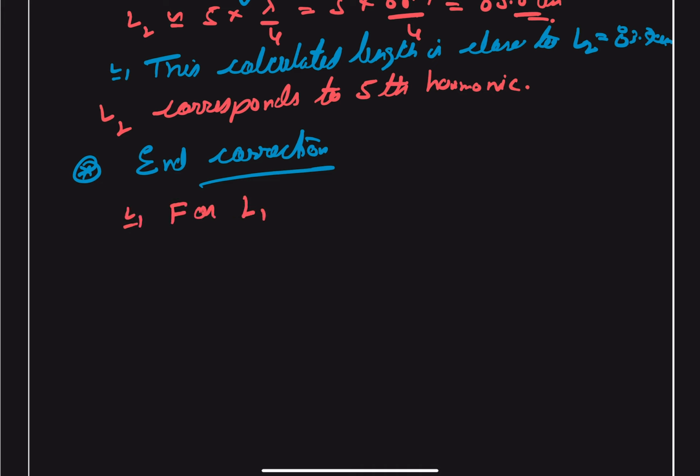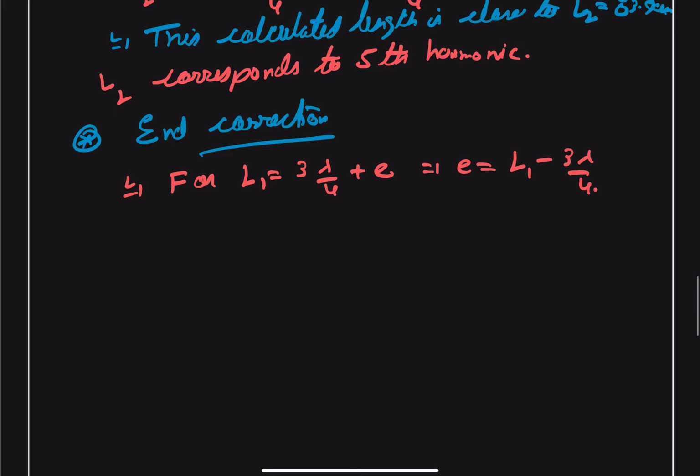For L1, which is 3 lambda by 4 plus E, we can say E will be equal to L1 minus 3 lambda by 4. The end correction E is 50.7 minus 49.8, which is close to 0.9 centimeters.